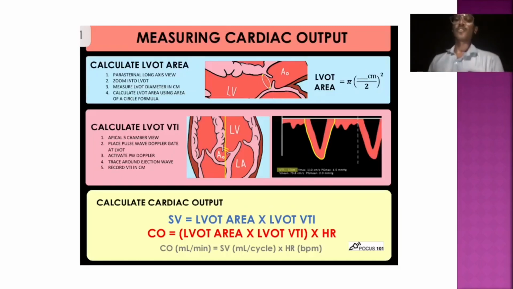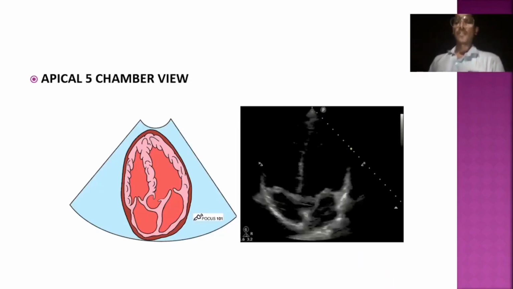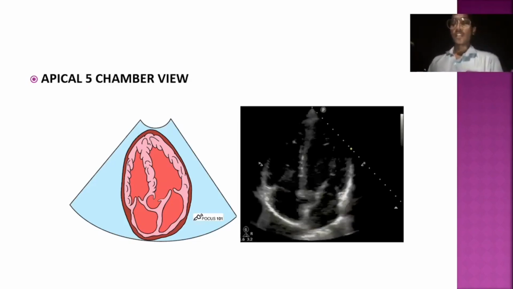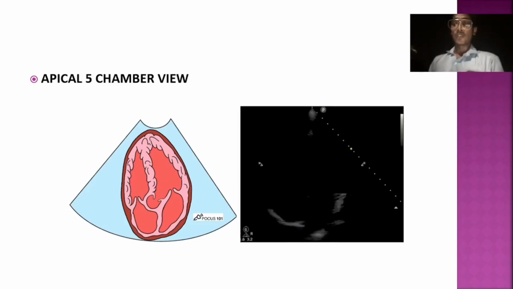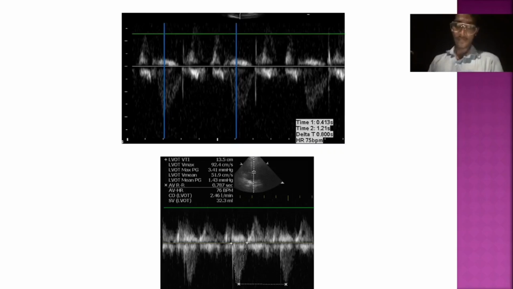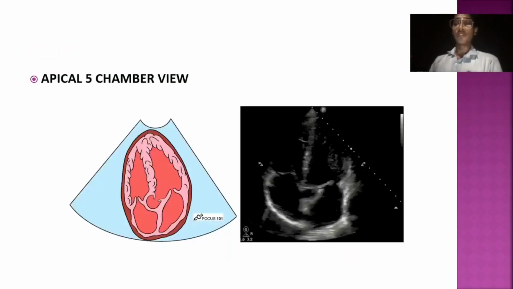Now we have to go through the LVOT VTI. In the apical 5-chamber view, we can assess the aortic valve and the aorta, and it helps us to measure pulse wave Doppler. In the pulse wave Doppler imaging below, we can measure the LVOT VTI.